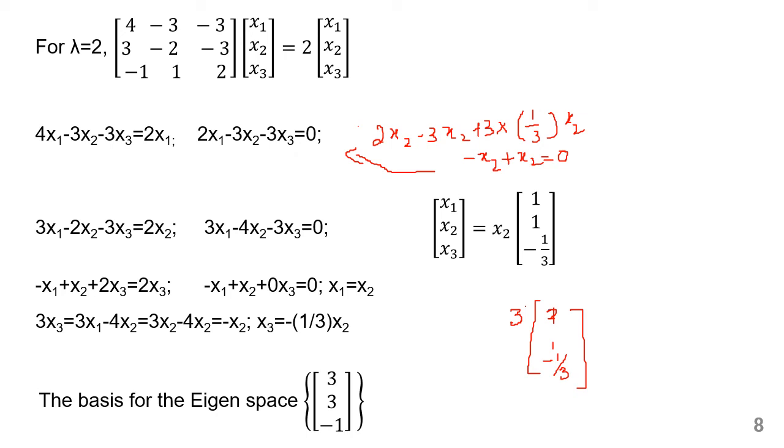So therefore, we get this as 3, 3, minus 1. This is the eigenvector. Here you can see that geometric multiplicity is 1 and algebraic multiplicity is 1. So we can move to the next step.